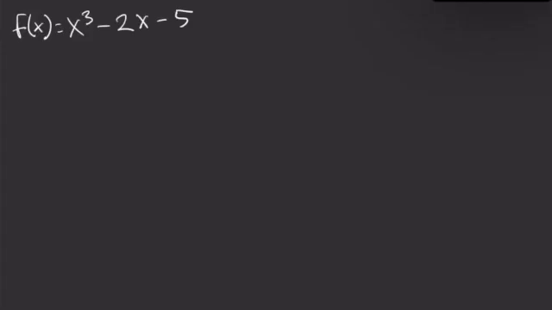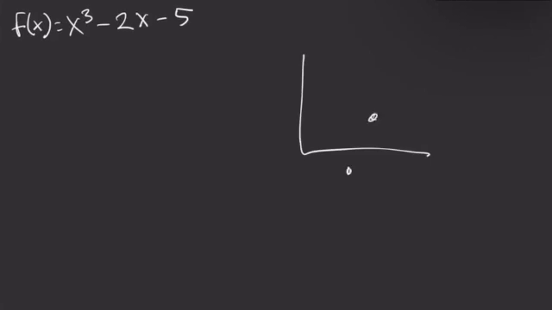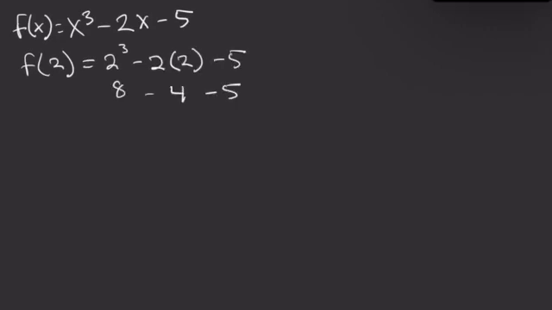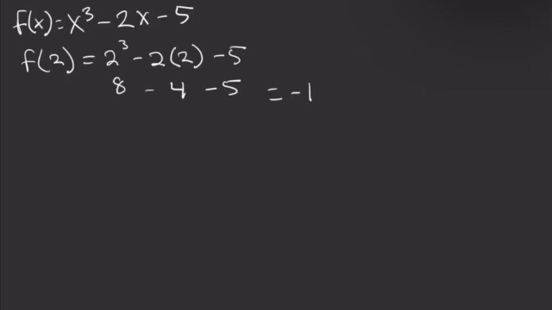To start, we will pick random x values to plug in our function to get an idea of where our x-intercept is. We want a positive and negative f of x value so we know we're crossing the x-axis. Let's plug in 2 for x as a random guesstimate. So then we have 2 cubed minus 2 times 2 minus 5, and this gives us negative 1.